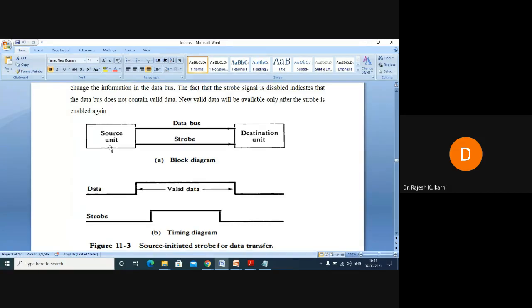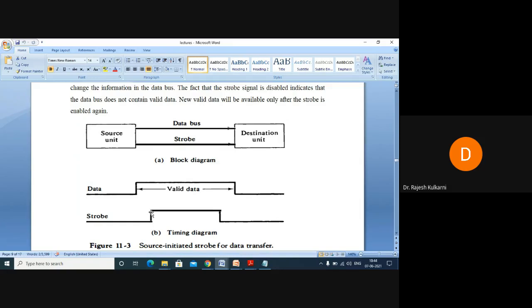This is a source initiated strobe, which means the source will be first sending the data. If you compare the timing diagram, the data is first sent by the source. Here there is a lag between the data and the strobe.